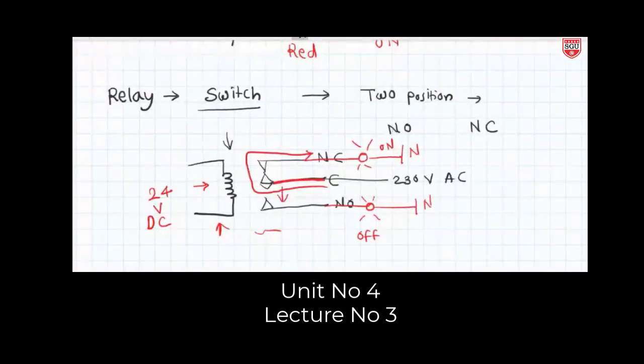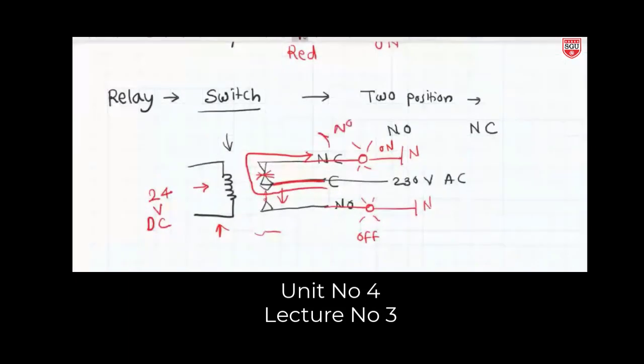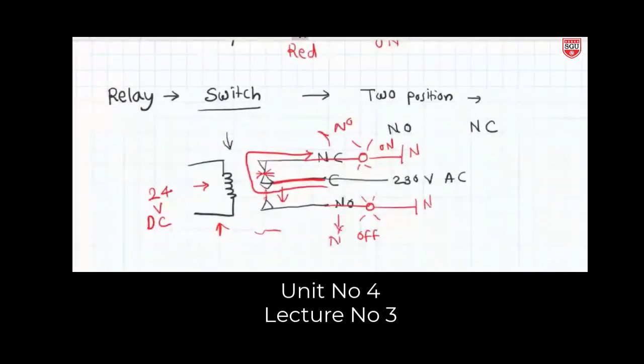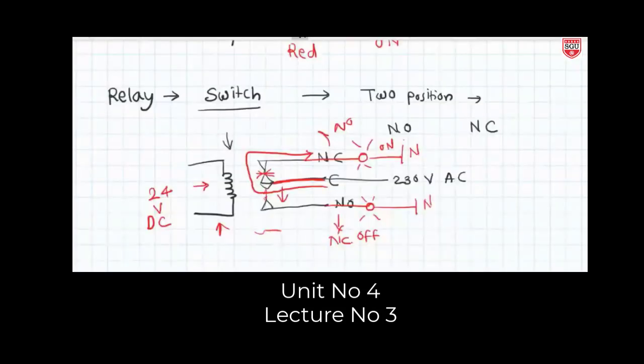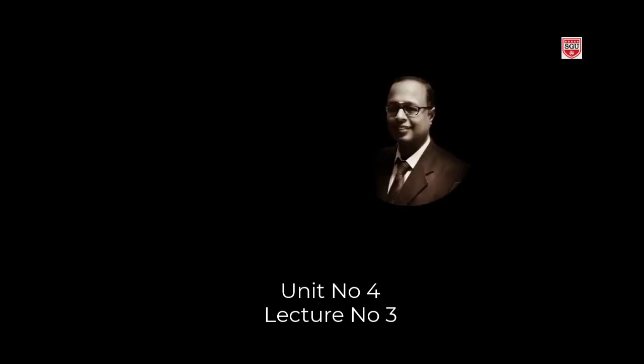When the common comes down, this contact will break and a new contact will be made. This NC will become NO, and this NO will become NC. It means whatever bulb was previously glowing will go off, and whatever bulb was not glowing previously will get on. So we will have that small video so that you understand the concept.